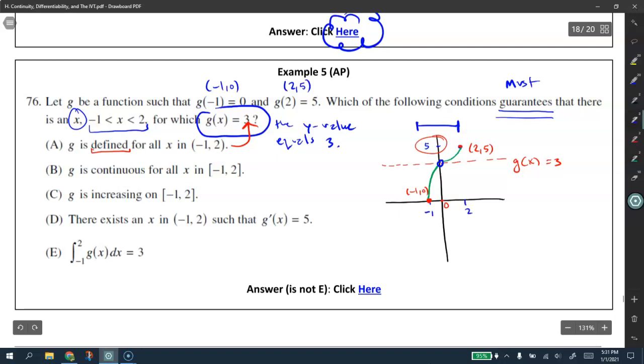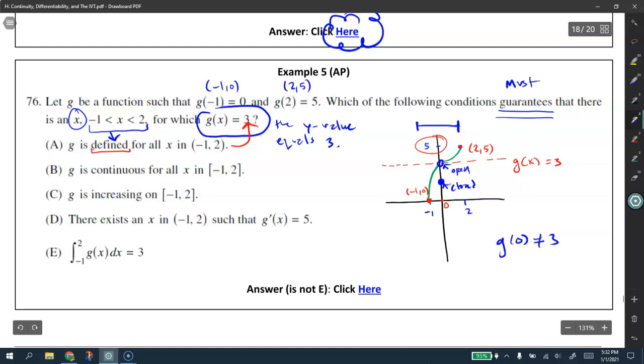But what if it had a removable discontinuity, and so that open circle right there is actually made up for with a closed circle? Well, guess what? It is defined for all -1 to 2. And if you were to ask, what's the g of 0? The g of 0 is not equal to 3. So I have disproven letter A. Letter A doesn't work for us.